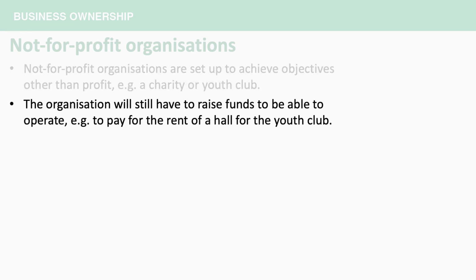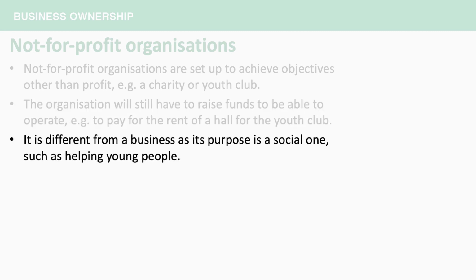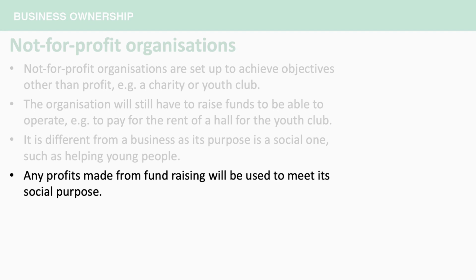The organisation will still have to raise funds to be able to operate, for example, to pay for the rent of a hall for the youth club. It is different from a business as its purpose is a social one, such as helping young people. And any profits made from fundraising will be used to meet its social purpose.